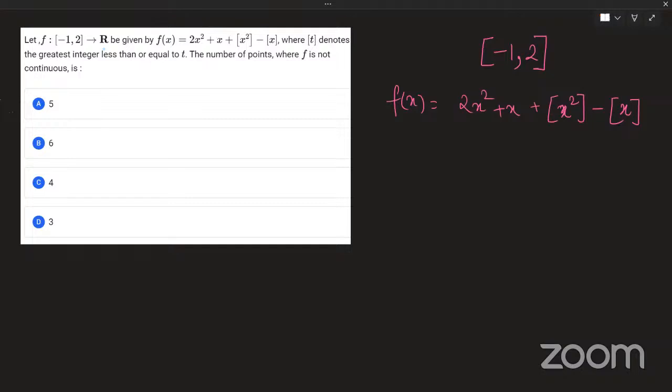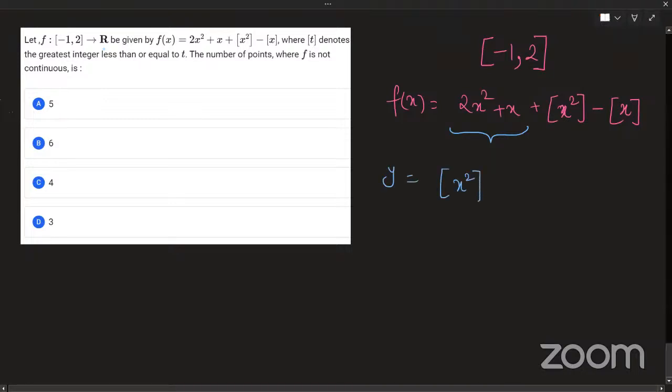So this function can never be discontinuous. Do you all agree? Polynomials are continuous at literally every point. So this can't be an issue to me. So issues will be caused only by these two functions. Do you all agree with that also? So let us study these two functions only. For the time being, I can just take greatest integer of x square minus greatest integer of x. Right? Everyone?